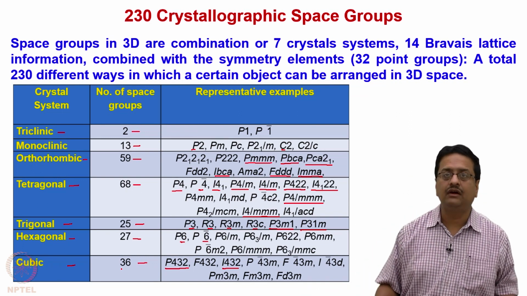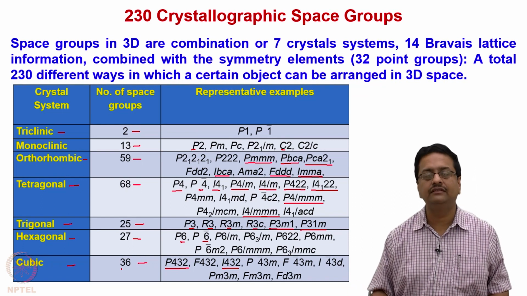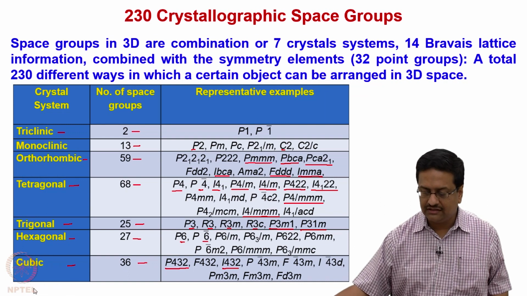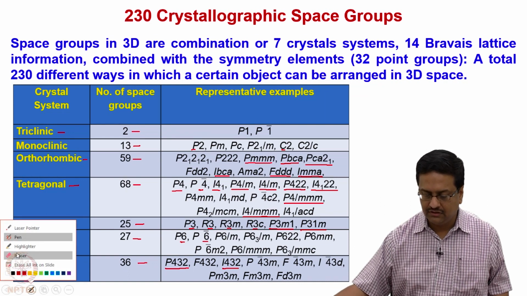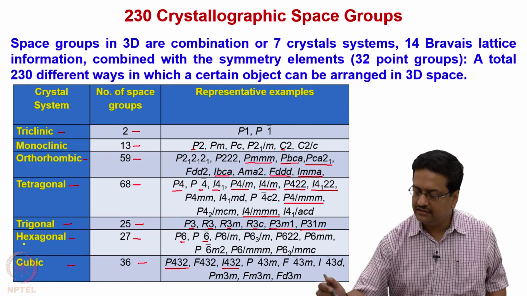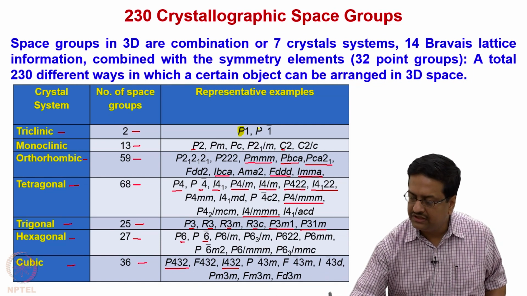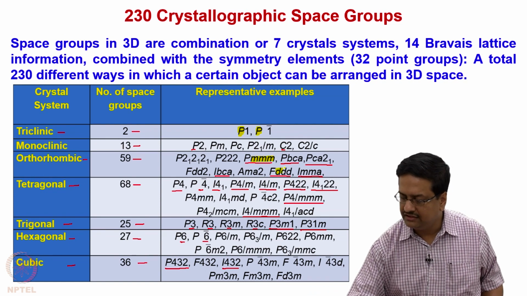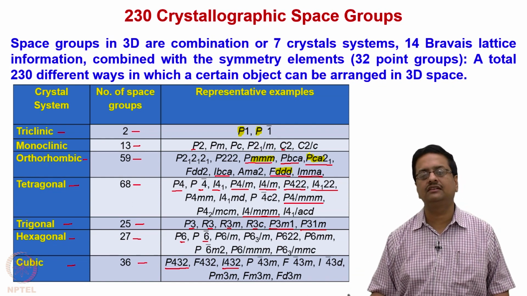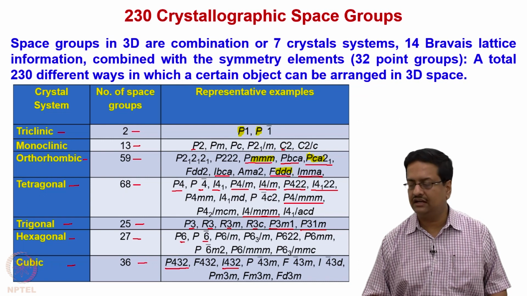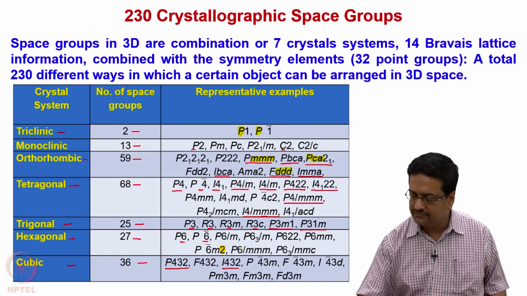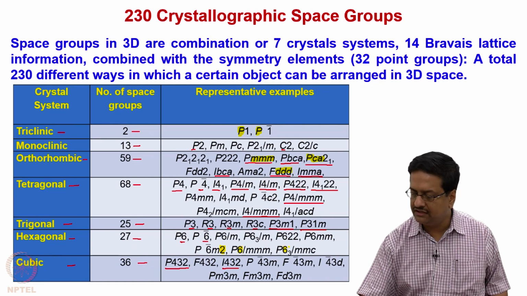At this point, we need to understand how to write these space groups. If you have noticed by now, all the letters that I have written here, like P in all the cases, MMM, DDD, CA with P, all the letters that we are writing are written in italics, and the numbers are non-italic.